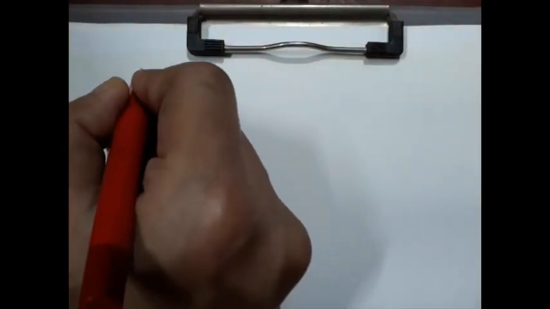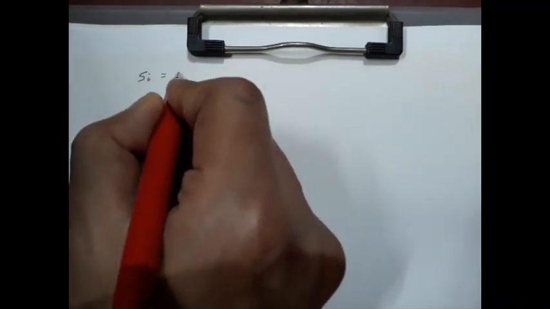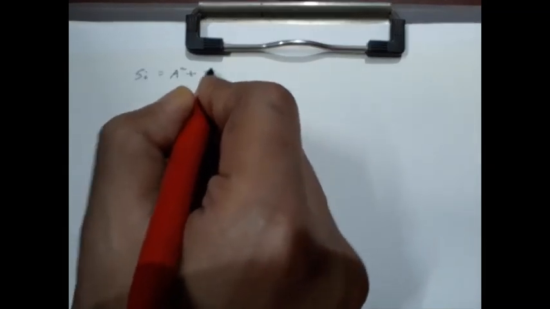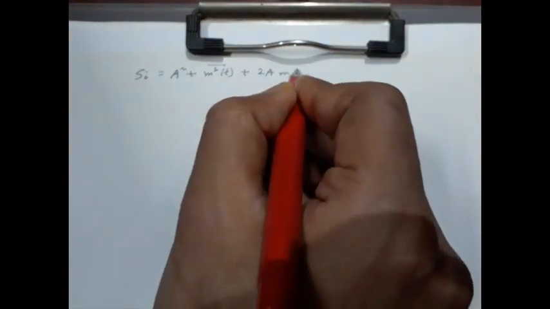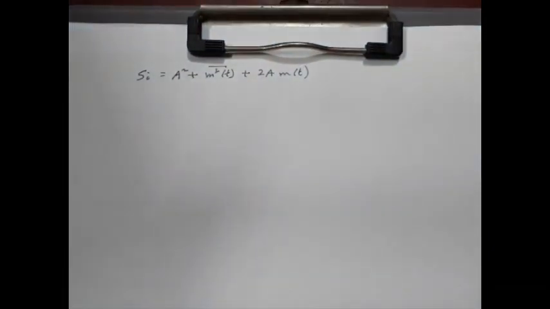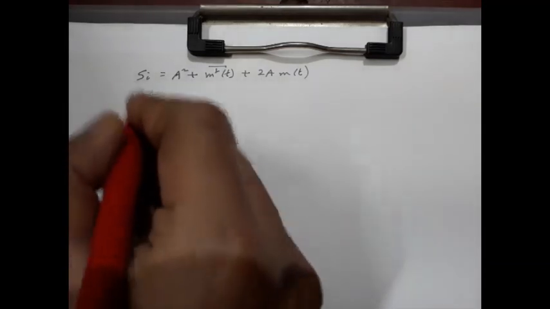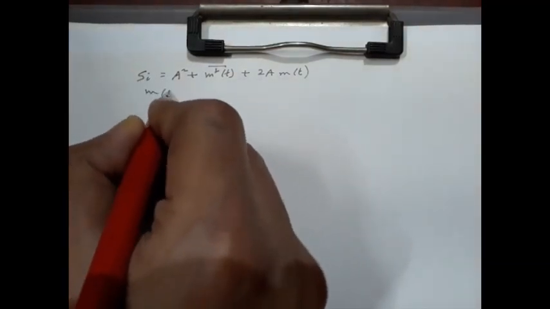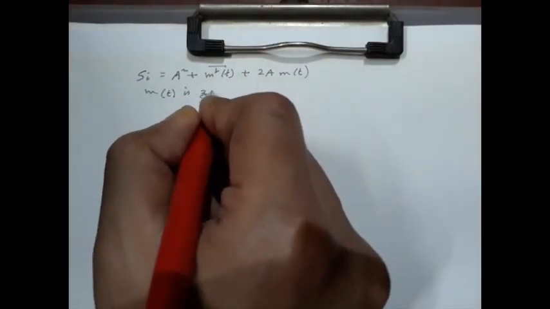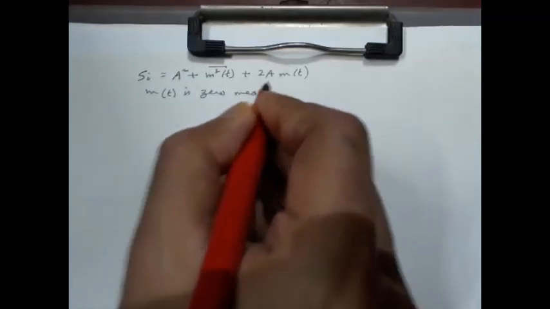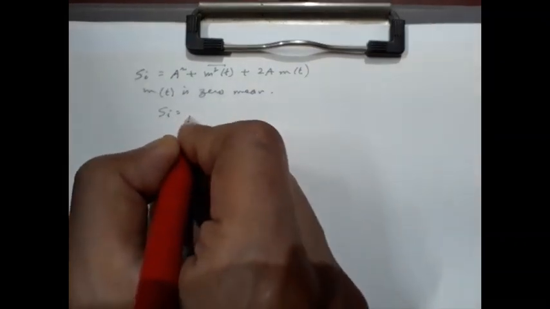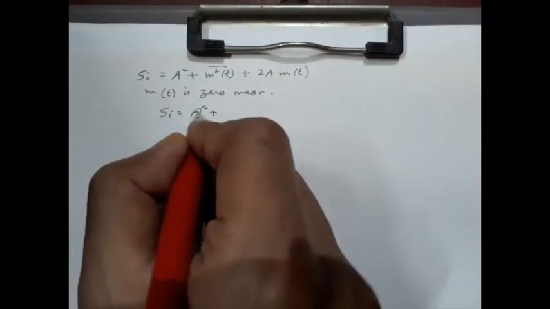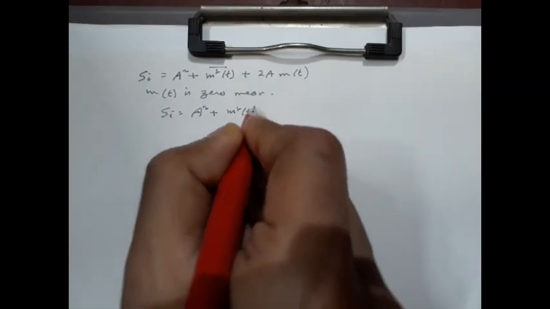So S_i equal to A² plus m²(t) bar plus 2A m(t). Now m(t) is assumed to be zero mean. That means S_i equal to A² plus m²(t) bar.